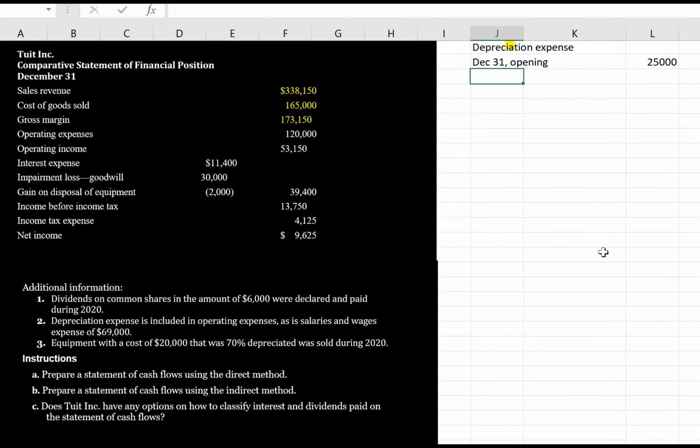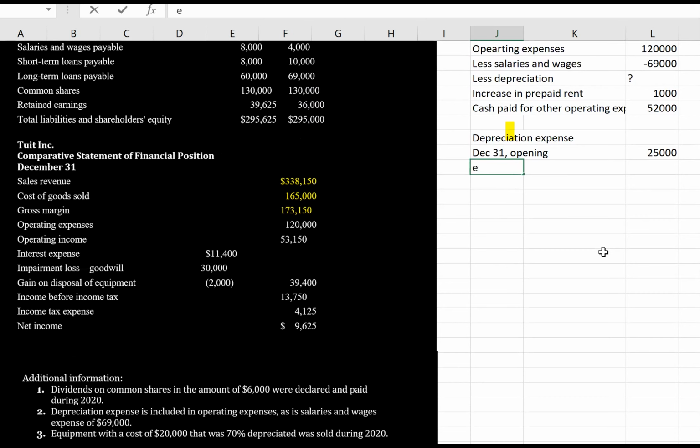Okay, so equipment sold would have removed the accumulated depreciation. It said it was 70% depreciated, so it's going to be 20,000 times 70%. That's the amount of accumulated amortization that we would have removed.